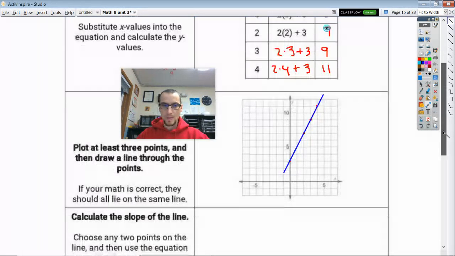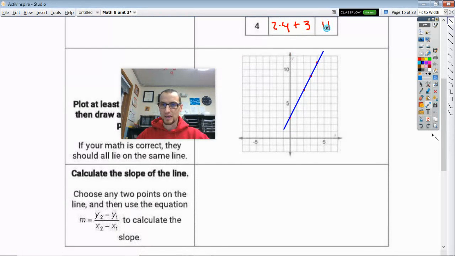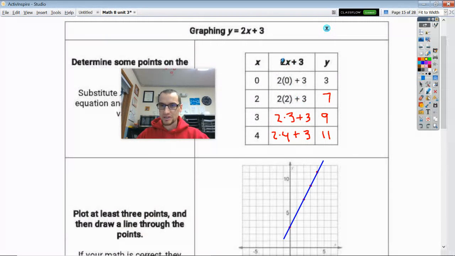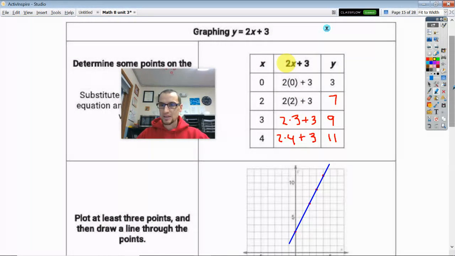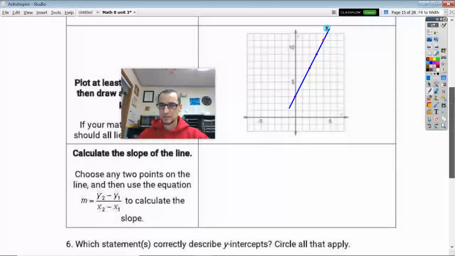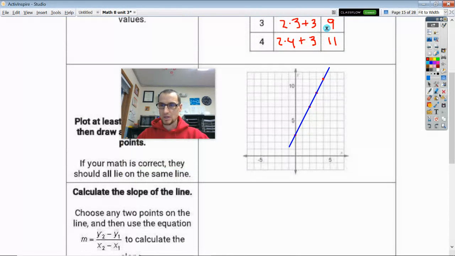Okay? And calculate the slope of the line. This is something that we already know. We already know the slope is 2, but let's go back to something that we've worked on already and show how familiar it is. At least I'm hoping that it's familiar. So using this formula, y2 minus y1, let's use these values here.